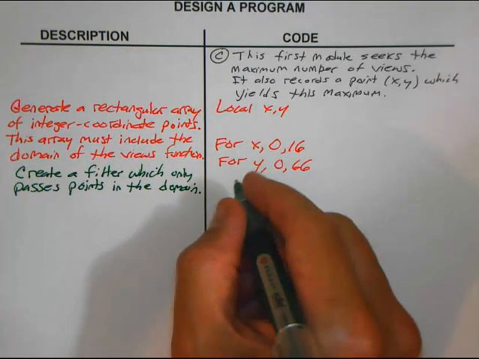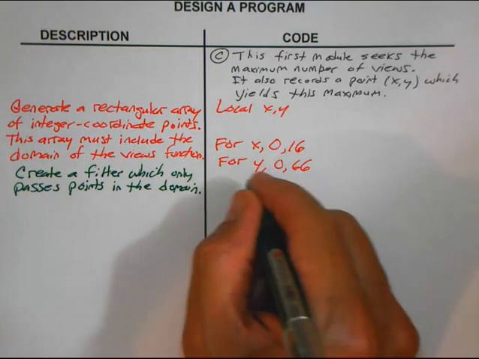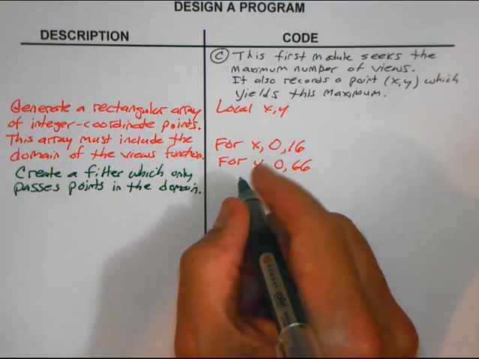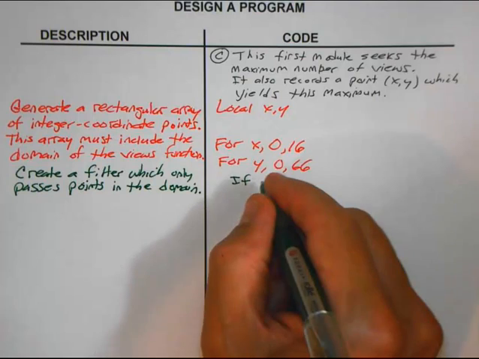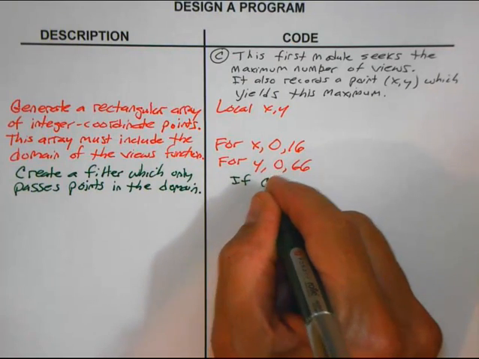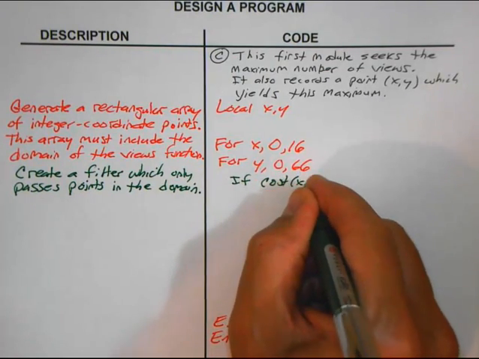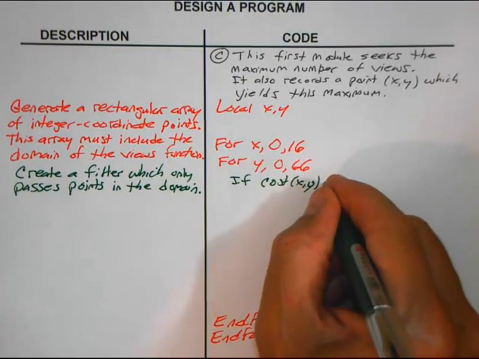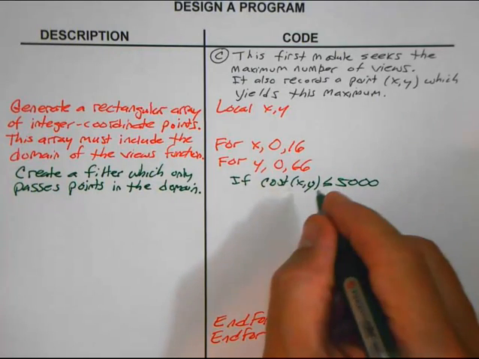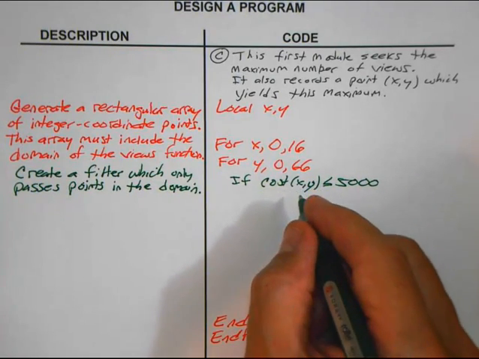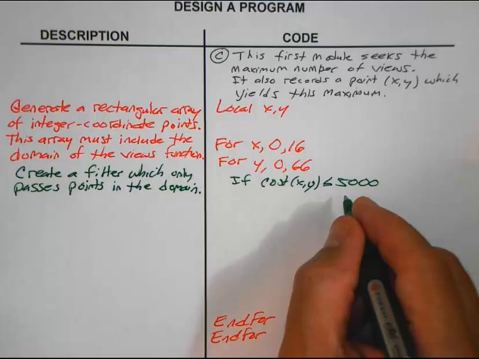To do that, we can use a conditional if-then structure. So here, if the cost of x, y is less than or equal to 5,000. That's the only other restriction we need to put on to force the rectangular array points to be in the domain.